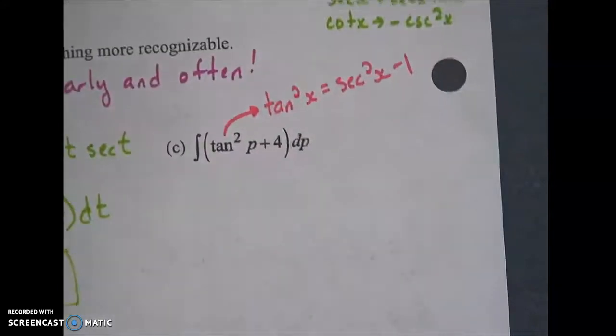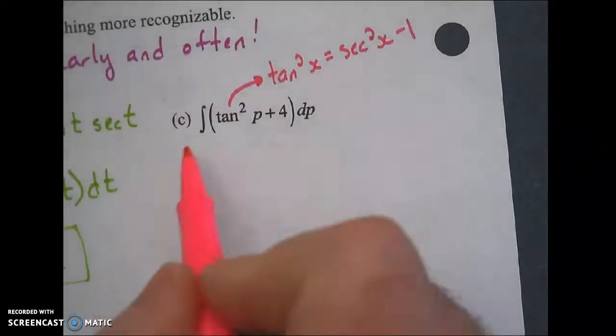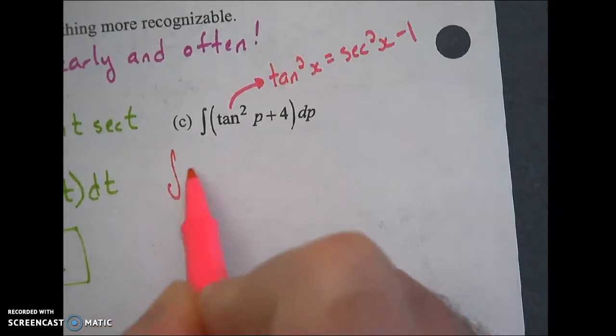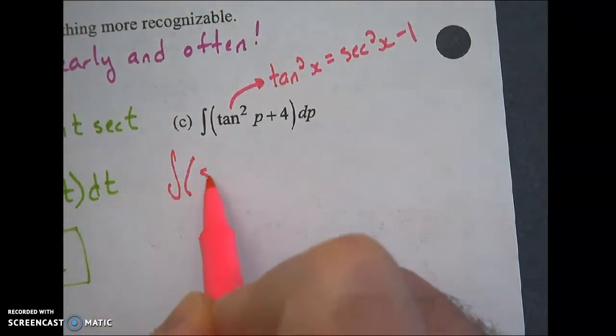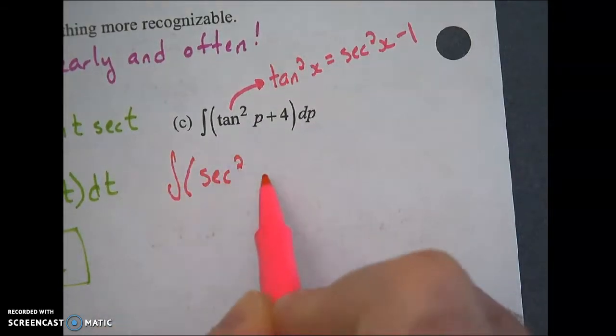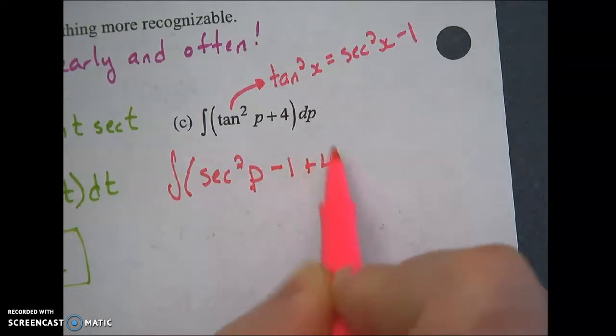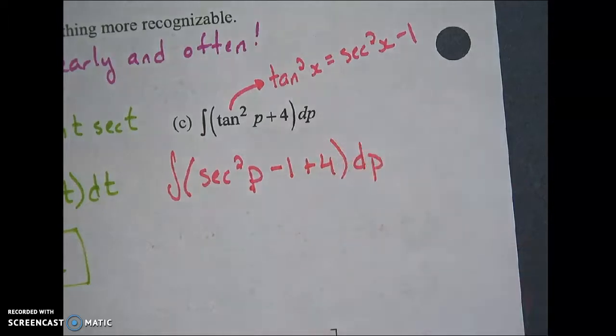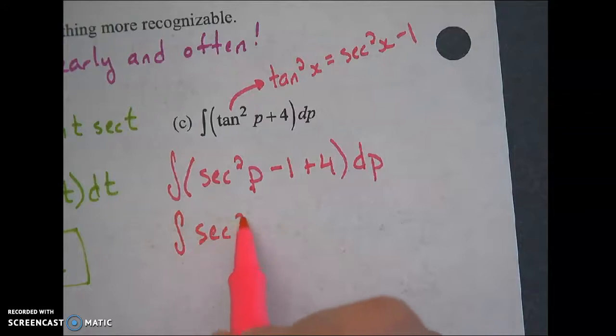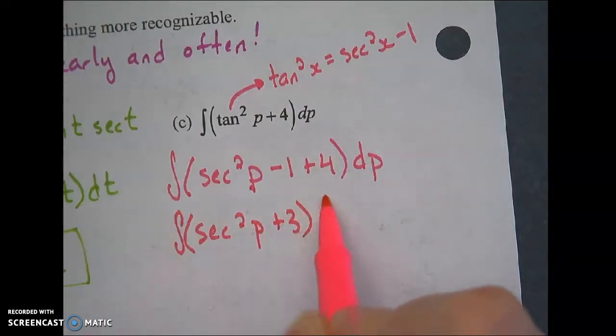So now I'm going to take that and do a substitution. So this is going to become the integral of secant squared of p minus 1 plus 4 according to p. I can combine some like terms here. So this is the integral of secant squared of p plus 3 according to p.